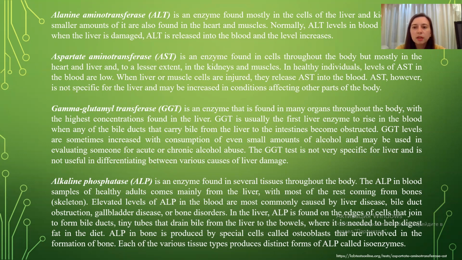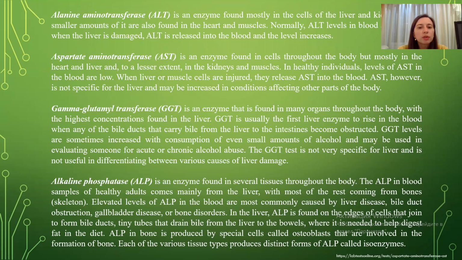In healthy individuals, levels of AST in blood are low. When liver and muscle cells are injured, they release AST into blood. AST, however, is not specific for the liver and may be increased in conditions affecting other parts of the body.